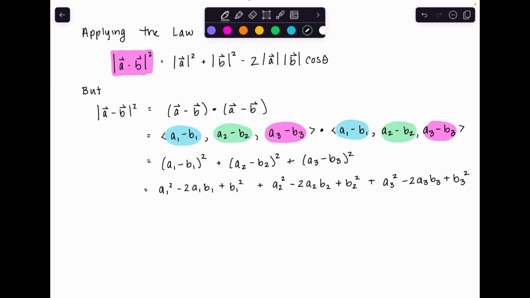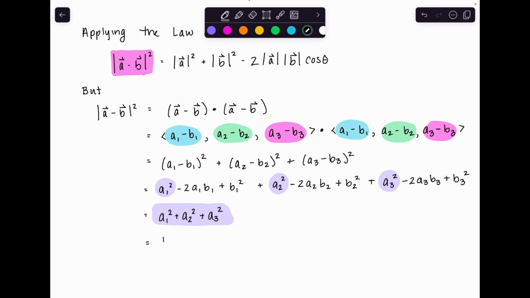From here, I'm going to group those like pieces. So we've got A1 squared plus A2 squared plus A3 squared. Those are all important, and the reason is because this is exactly the length of A squared.